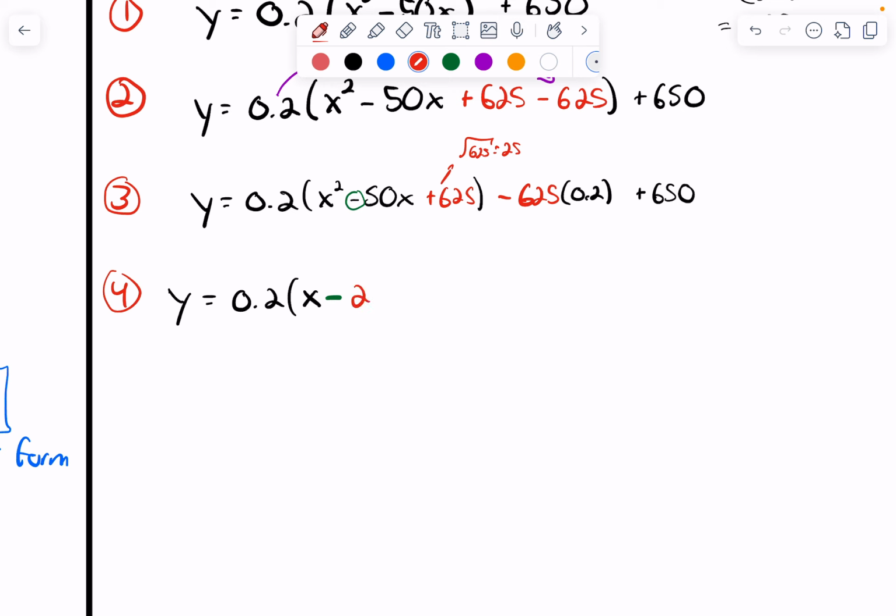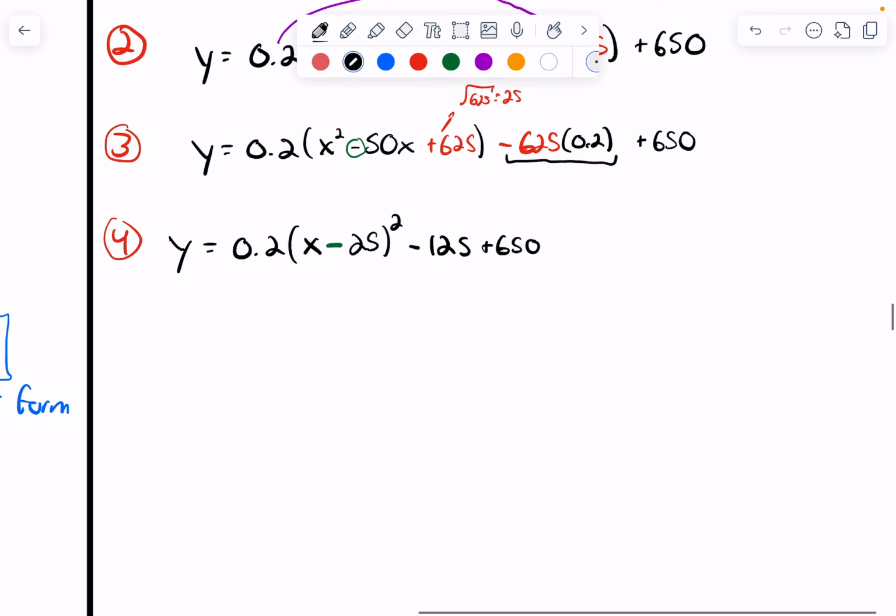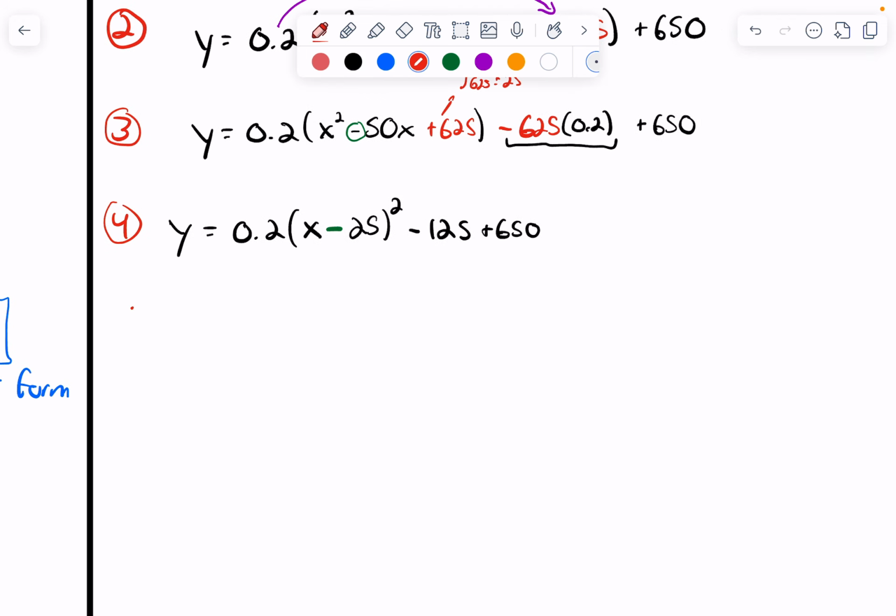So 25, squared, right? That's why that squared comes into play. And then let's simplify this too. So 625 times 0.2 is 125, plus 650.